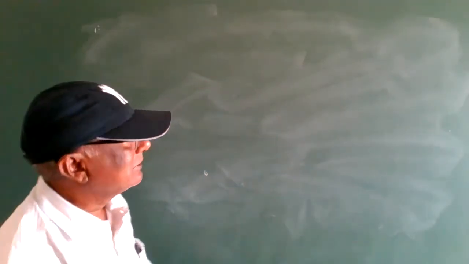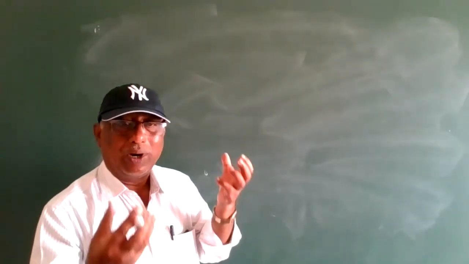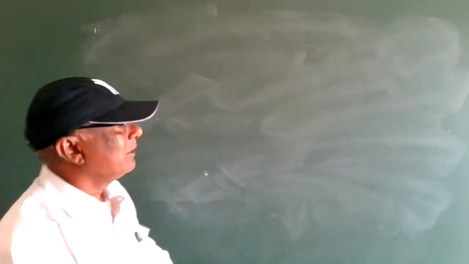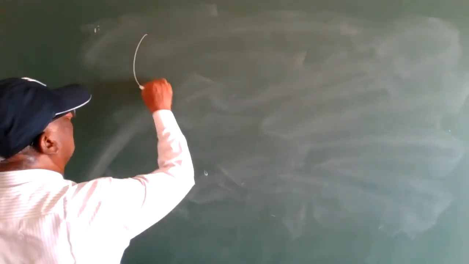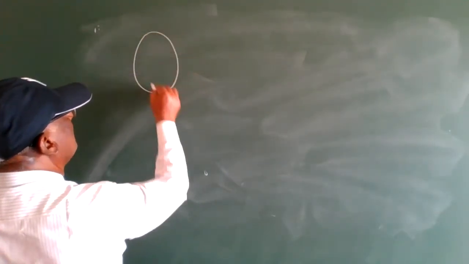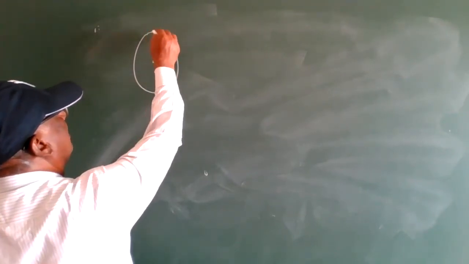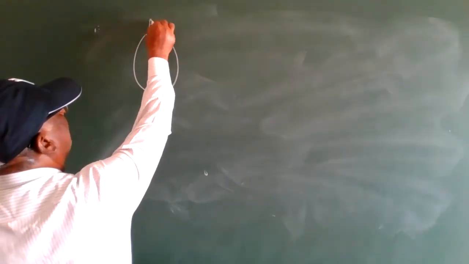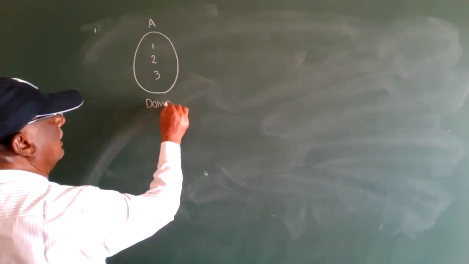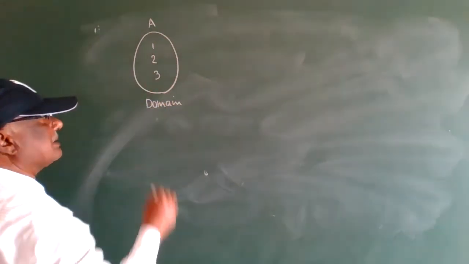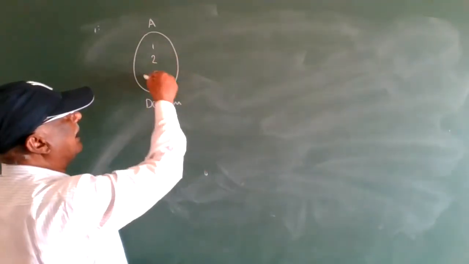Next, what is the domain? What is the codomain? What is the range? First I will draw the figure. This is 1, 2, 3. This is called the A set. The A set is called the domain. These are all elements.